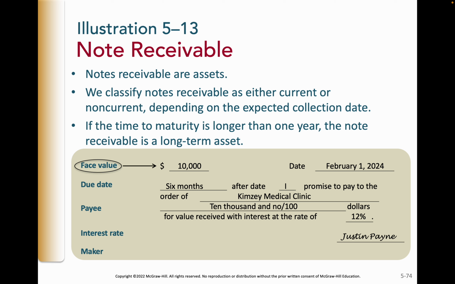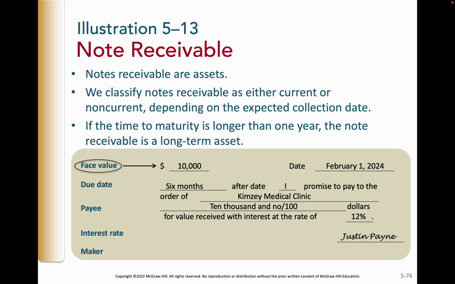Most likely this note came about because Justin had these medical expenses and he couldn't pay them within 30 days. So he reached out to the medical clinic and said, would you be willing to issue a note receivable?